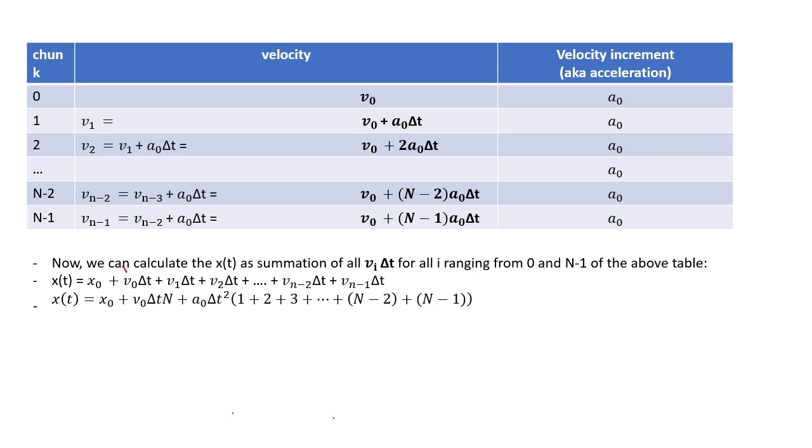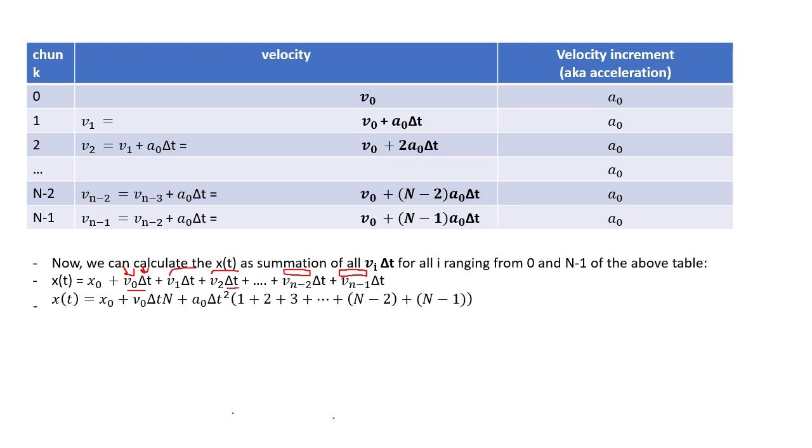For each instant, we take the velocity in that instant and multiply by the amount of time elapsed, which gives us the distance traveled in that particular instant. So V0 delta t, V1 delta t, V2 delta t, where V1, V2, Vn minus 2, Vn minus 1 represent the velocity that the particle is traveling with in one tiny time interval, which we are calling delta t.